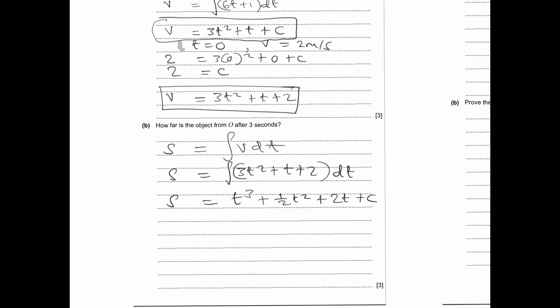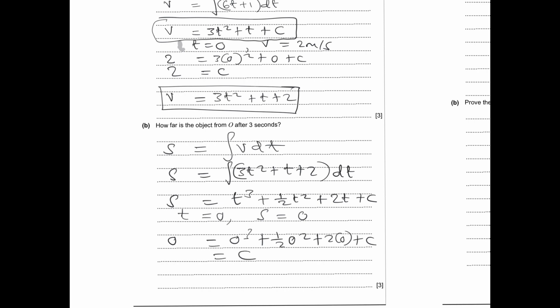All right, but how then do we get the constant of integration here? We remember that initially, that's when time is equal to 0, the displacement is also equal to 0. So if we substitute t equal to 0 and displacement equal to 0, we are going to have 0 is equal to 0 cubed plus half of 0 squared plus 2 multiplied by 0 plus c.